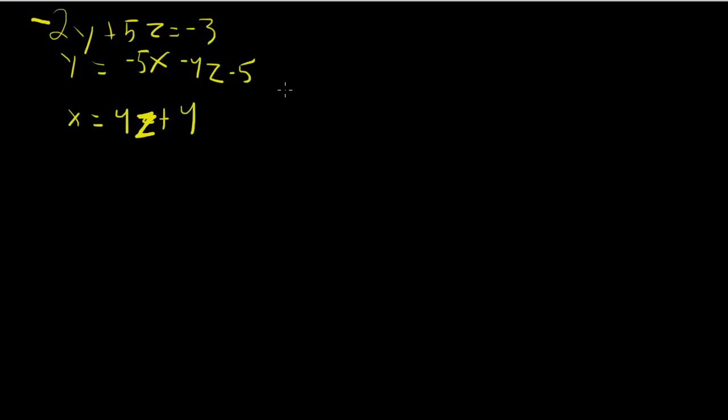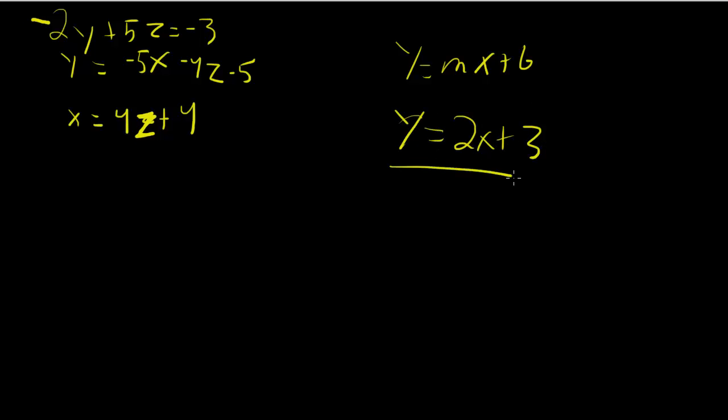It's where these all intersect. If you were to think of this as y equals mx plus b, and you forget about the z part, and you have like y equals 2x plus 3, that's a line. And when the two lines intersect, that's where they are both the same. So that's when they are equal.